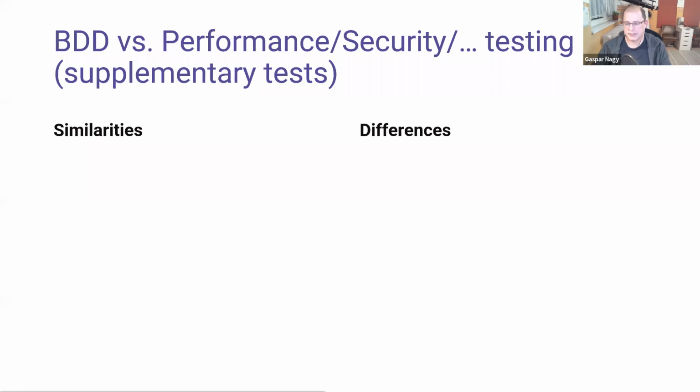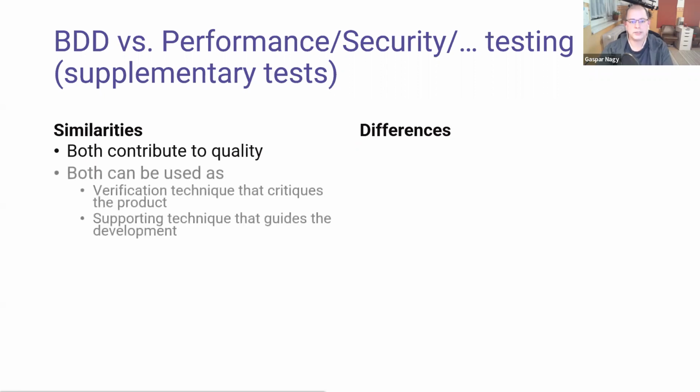Someone was once saying that this term supplementary test sounds a little bit degrading, but I don't want to say anything bad about these. They are just supplementary from the viewpoint of BDD. Otherwise, they are very, very important, sometimes even much more important than the BDD scenarios that we write, especially if you think about security, for example. Again, the similarities: they both contribute to quality.